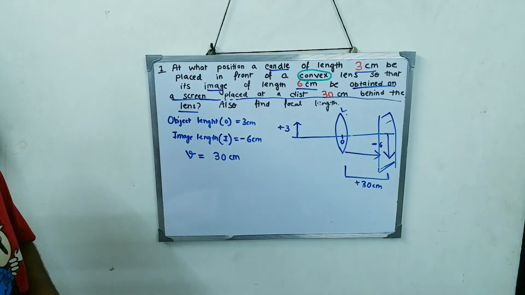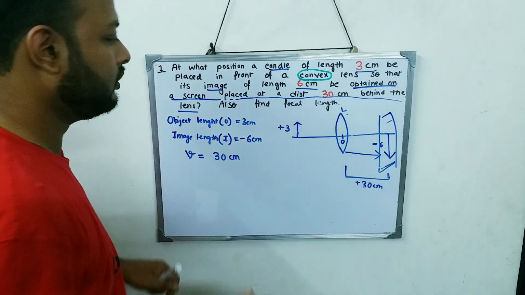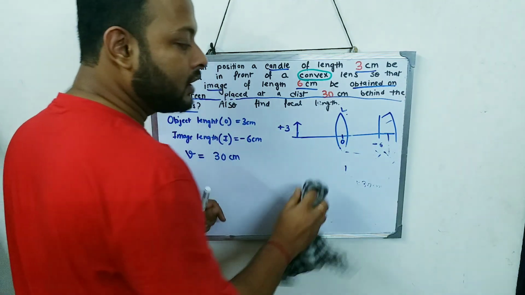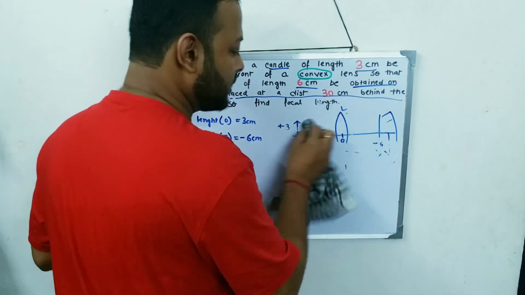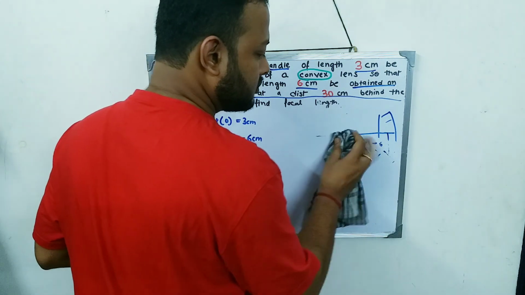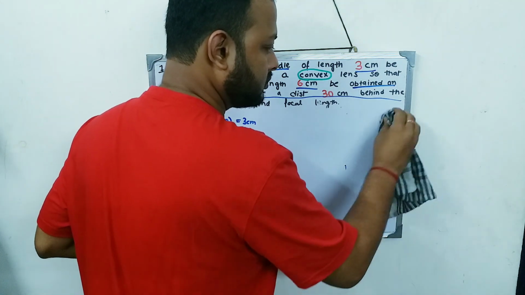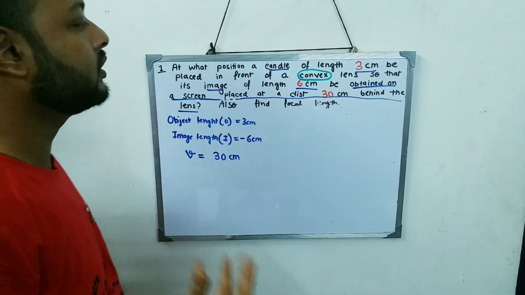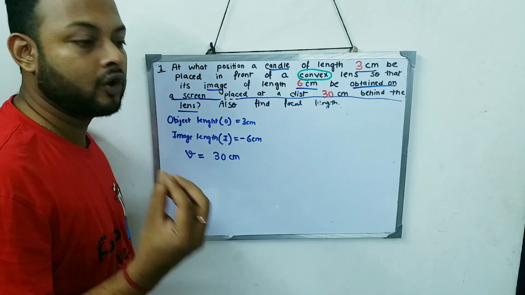By this you got the rough idea of what is there in the question, what they have asked me. Now I will rub this. You see, by drawing the diagram you got a lot of idea of how to approach the sum. After this, I have to get the value of u.